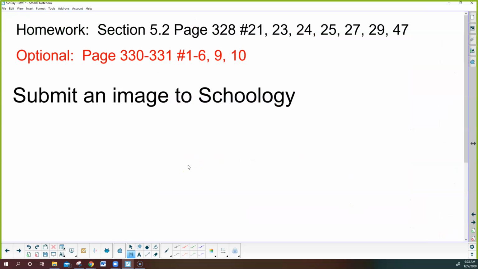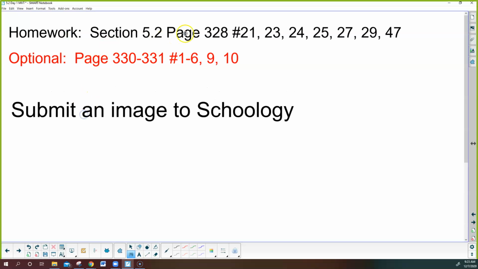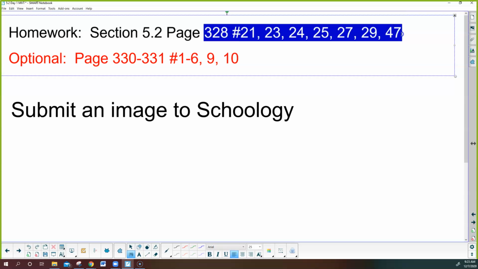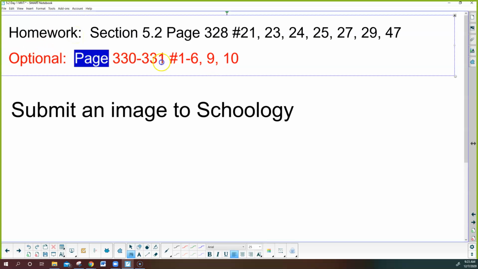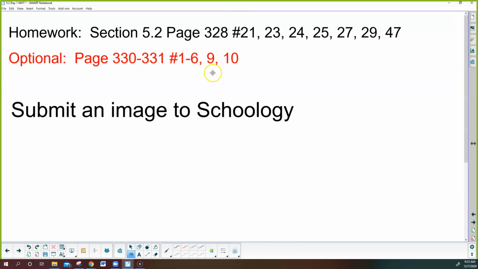All right, so here's what we got for homework tonight. It's out of our textbook. And I'm going to put a couple of things. Your homework tonight is just these problems up top. However, if you want to start getting prepared and start practicing, you have optional AP review problems on this page. I would recommend doing them.